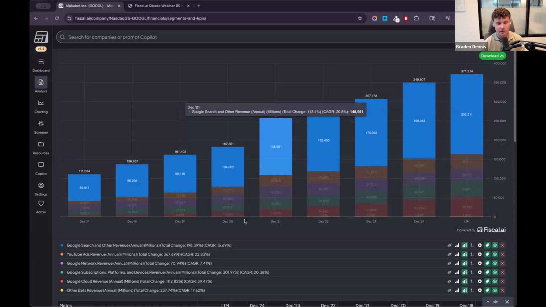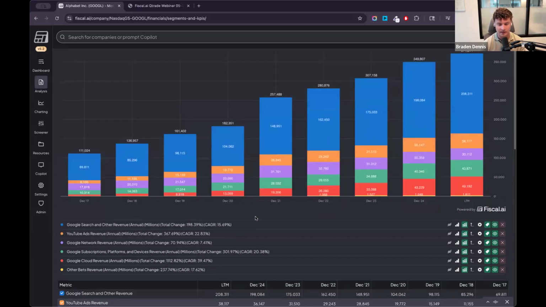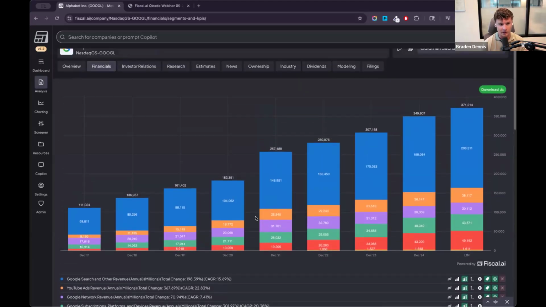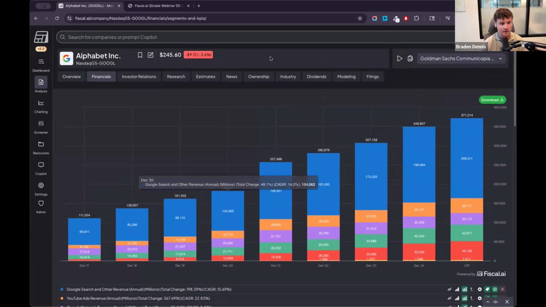I think this is probably one of the most useful parts of the platform because, look, if you're owning individual companies, you need to be well aware of this stuff. And a lot of times with these large companies, they're looking for new divisions to help them continue to grow while maybe the golden goose is under attack.